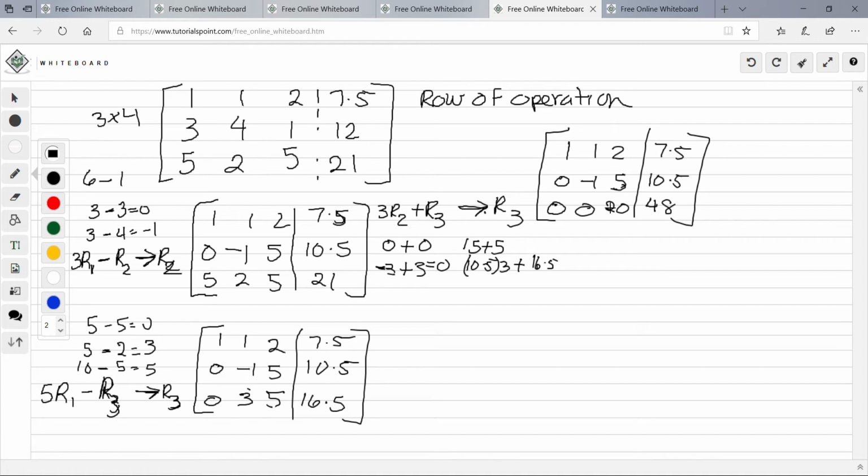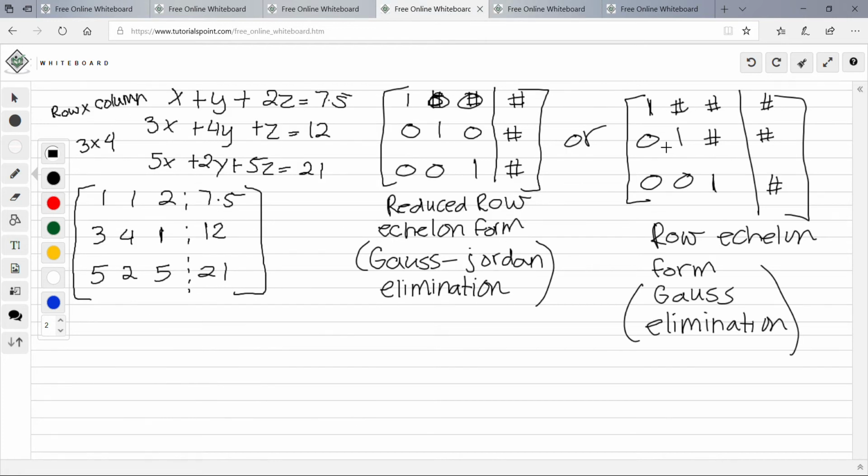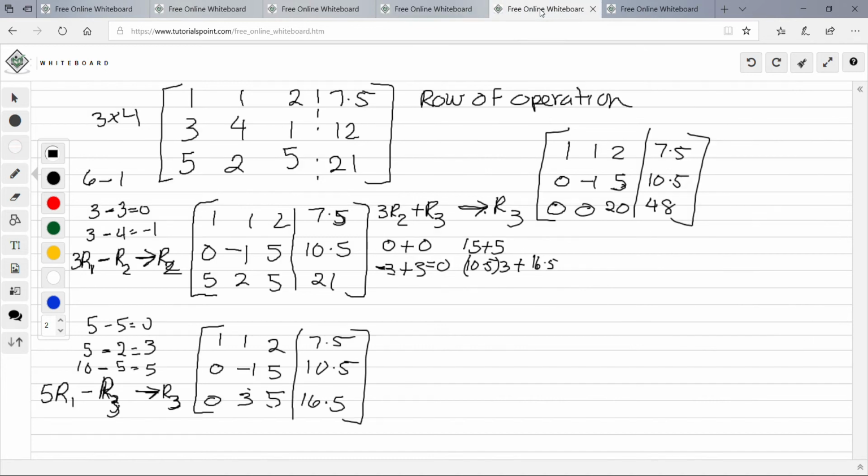Okay, so we got this 0, 0, 0, right? So that's part of it, so that's good. But now we just have to make this diagonal all positive 1, so we can easily manipulate that. We can do this all at once actually.